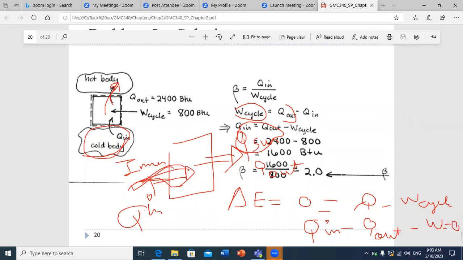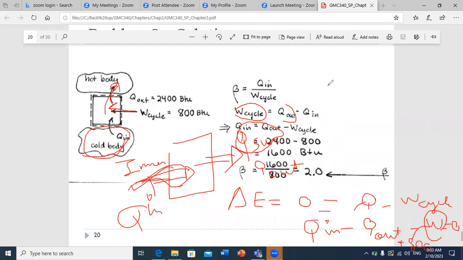We should pay attention here: how do we take W? W here is negative because we are putting work on the system. So it becomes minus minus, and you get plus 800.